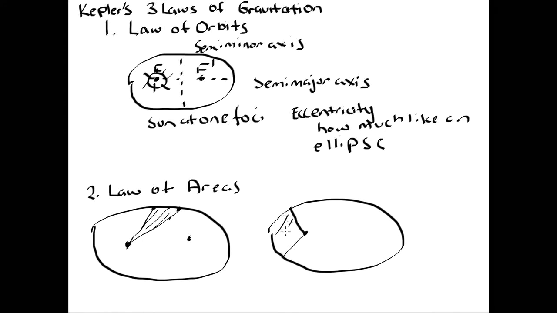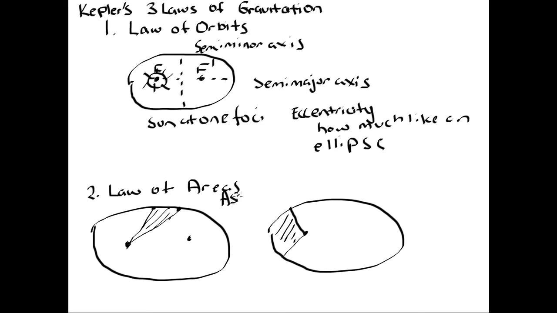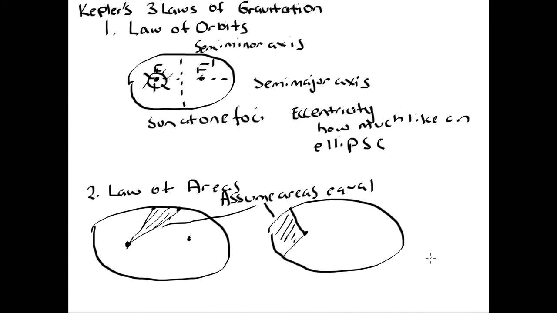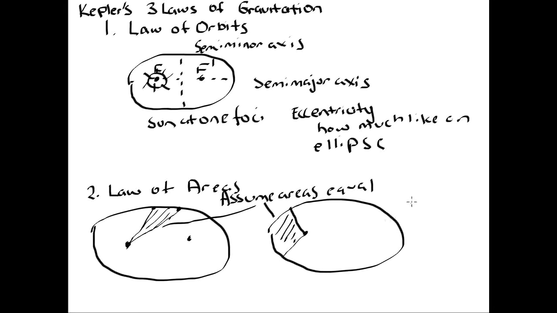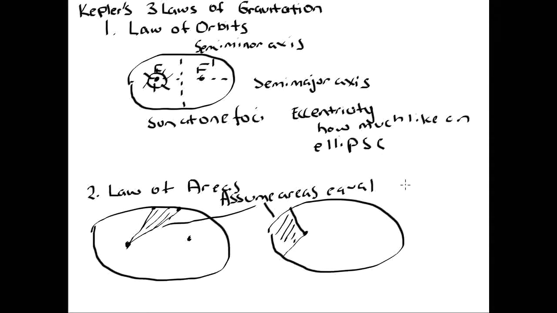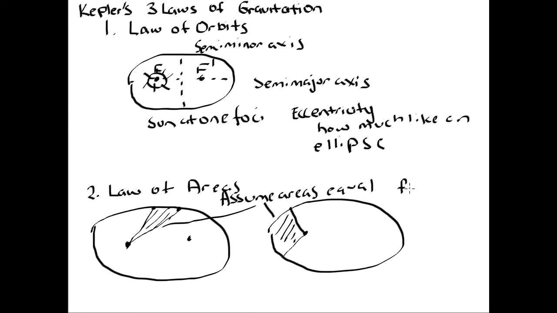So I'm going to draw this between one with a greater radius and one with a smaller radius. As you can see, we'll assume that the areas of these shapes are the same. What does this mean? That means the time it took the planet to move between those two positions is equal, even though it may not look like it.